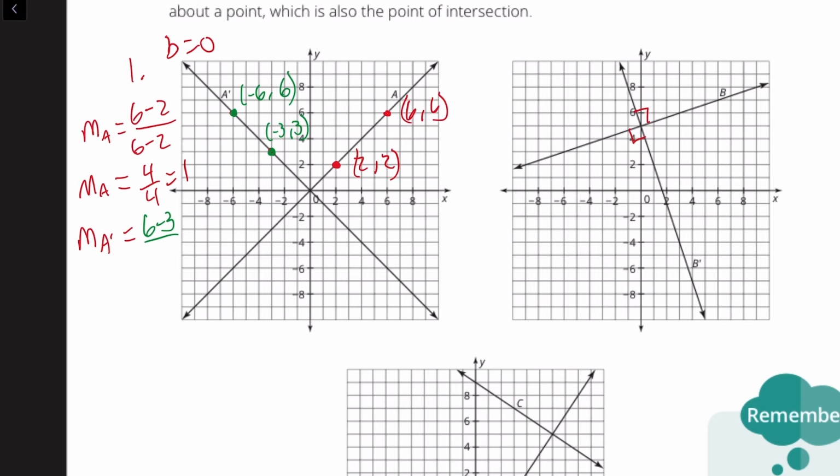On the bottom of that fraction, we're going to have the x's, which are -6 minus -3, which means we're going to be adding that bottom number. 6 minus 3 on top makes 3. Negative 6 plus 3 on the bottom makes negative 3, and this reduces to make negative 1. So the slope of A prime is negative 1.